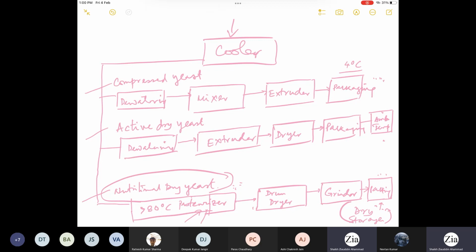So to avoid contamination, we remove the moisture and keep dried conditions. Where you have higher moisture, you maintain low temperature to ensure that no other organism will grow at that temperature. Where you have a reasonably dry condition, you maintain ambient condition, because you know that much moisture will not allow any other organism to grow. So to avoid spoilage of yeast, you need to remove moisture content based on your storing conditions.